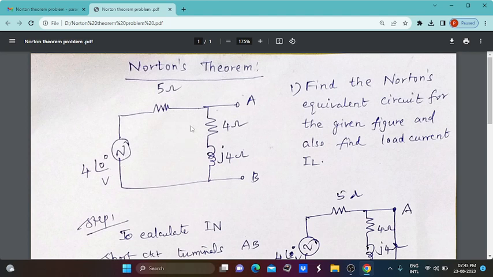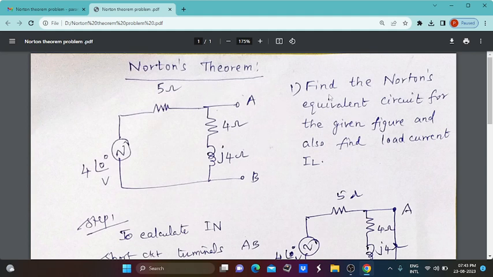At the same time, both resistive and reactive components are included in your circuit. From these two points, based on the voltage source and our impedance value, we understand that this given problem is an AC circuit. Now we move to find the load current value with the help of Norton's theorem.